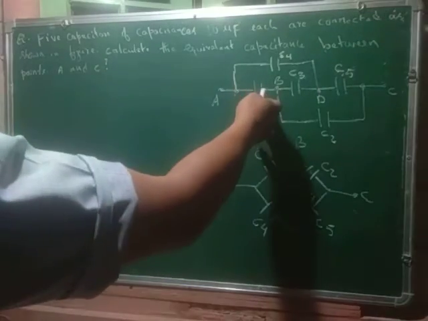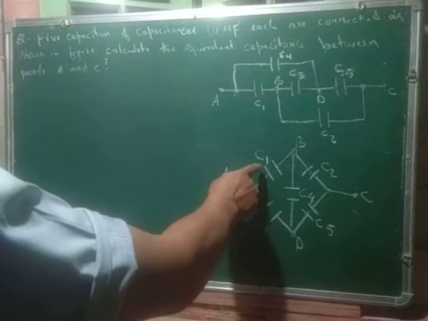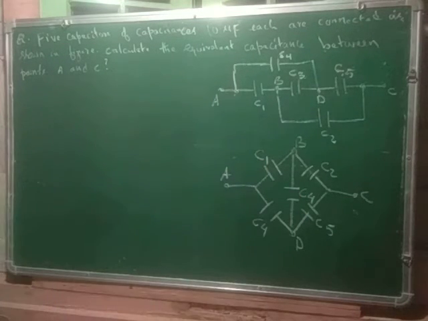This circuit diagram, which is given in the problem, can be redrawn as shown in this figure. Now, C1, C2, C3, C4, C5 are all equal to 10 microfarad each.